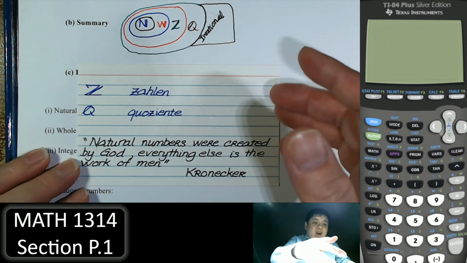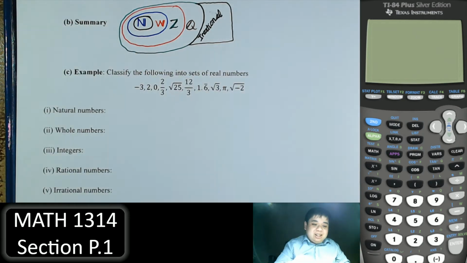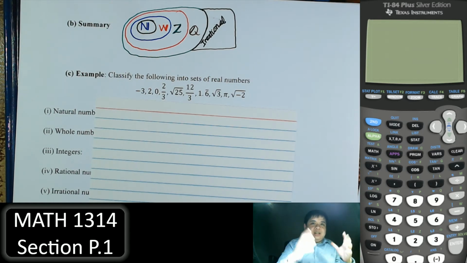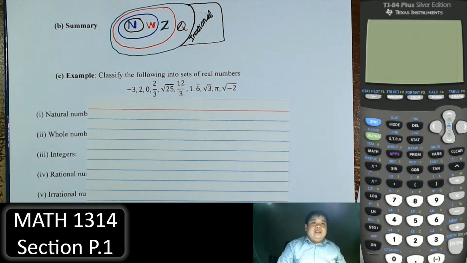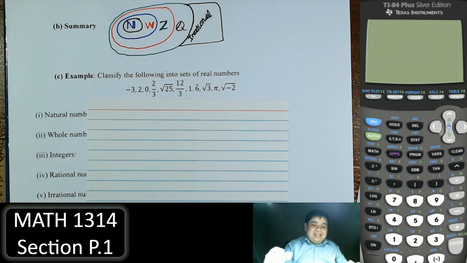This may or may not be the way Kronecker intended, but this is the way I understand it. So let's say God created the whole chicken or the whole egg, for example. God did not create half a chicken. We, the people, cut the chicken in half. So that's why I said 1/2, rational numbers, is the work of man. I guess that's what he means by that.